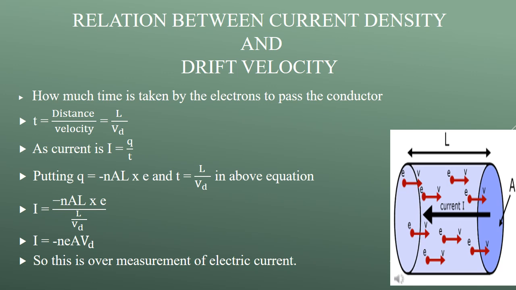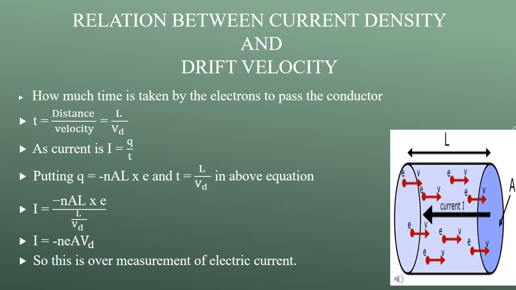So the charge Q is minus nALe upon time, which is L upon vd. So the current is minus vd nAe, which is I equals minus nevdA. This is our measurement of the electric current. This negative shows that the direction of current is taken as opposite to the direction of vd.